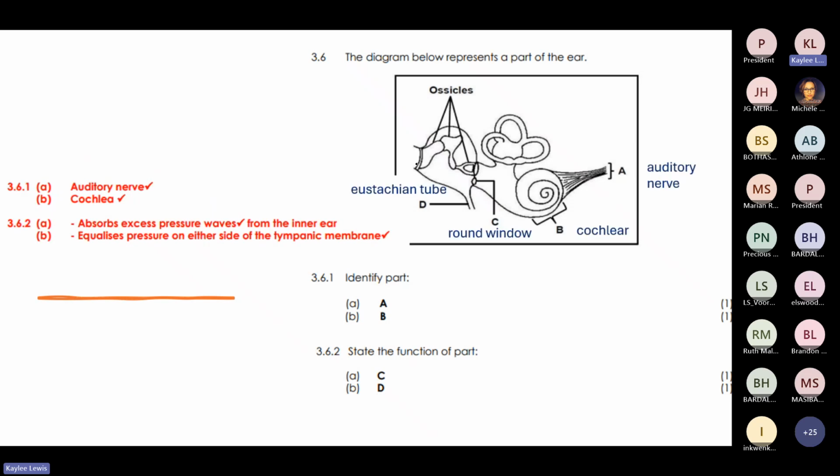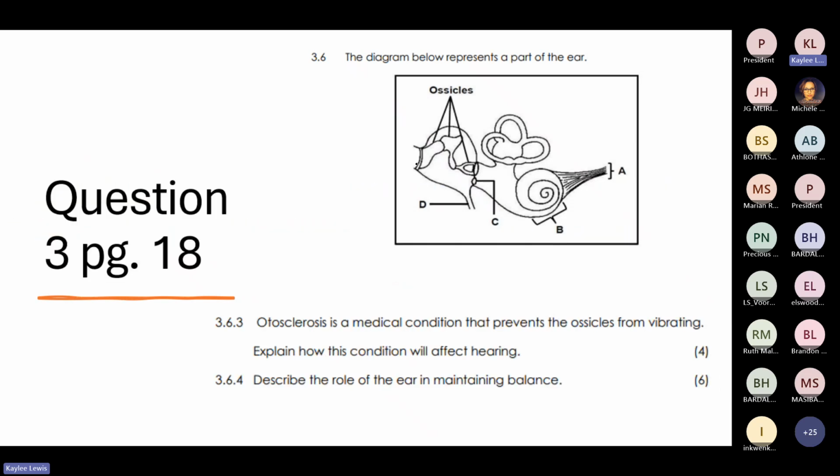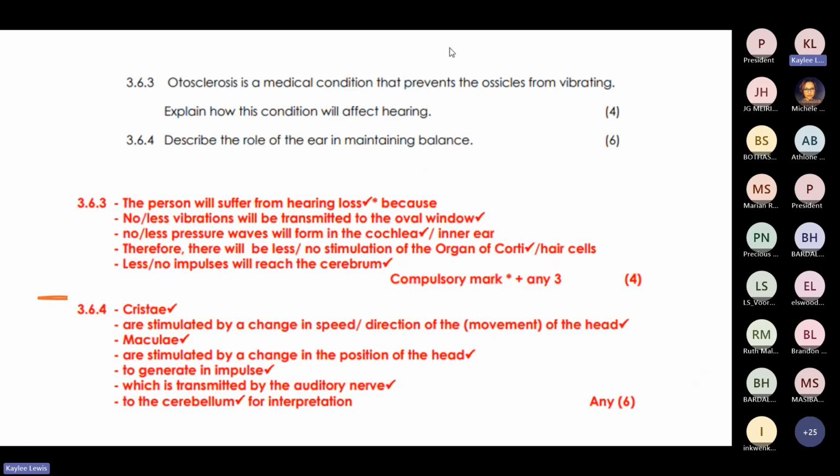Then we look at the next question, which says, otosclerosis is a medical condition that prevents the ossicles from vibrating. Explain how this condition will affect hearing, for 4 marks.